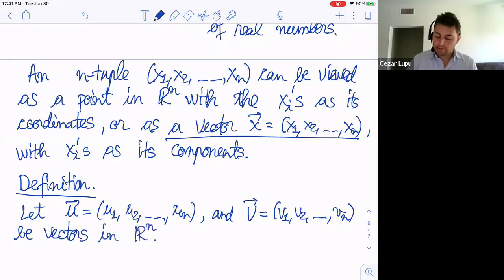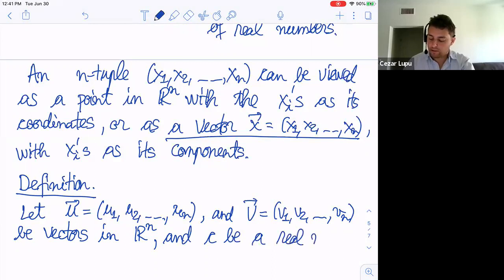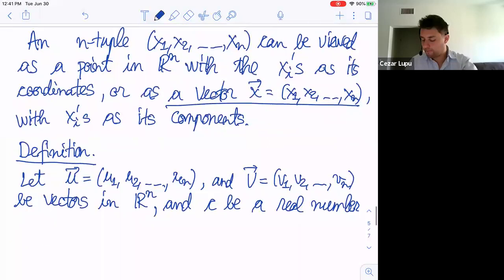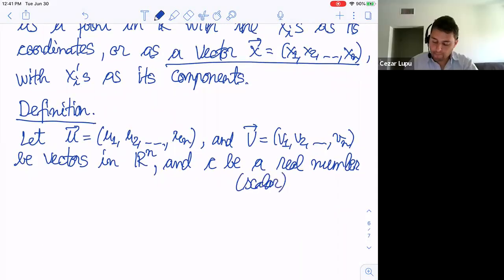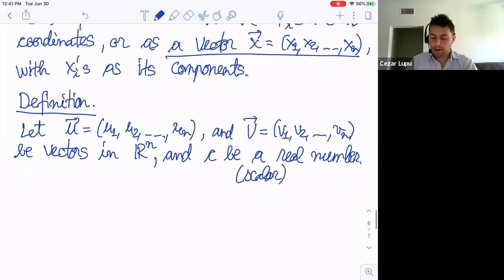So I'm considering this time two vectors in Rn. And let C be a real number. So this is what we call basically the scalar, a real number.